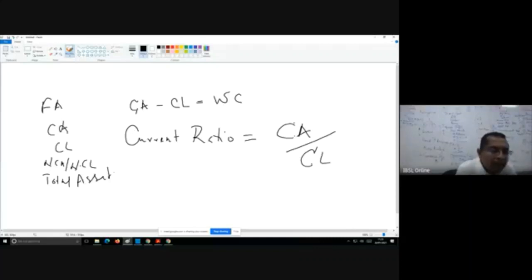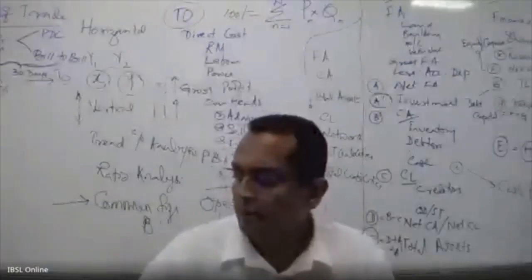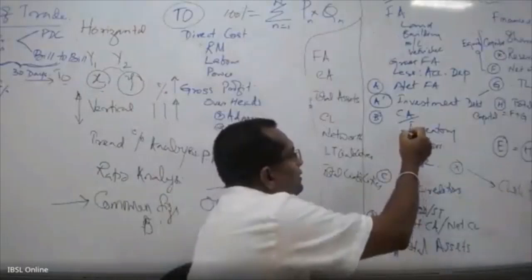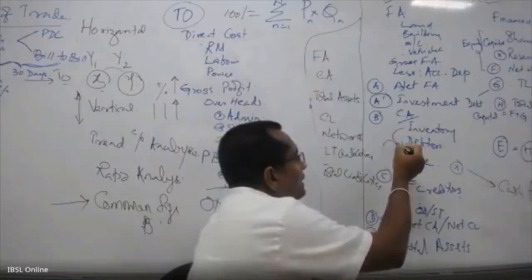The theory is we settle current liabilities by liquidating current assets. We sell inventory and create debtors.